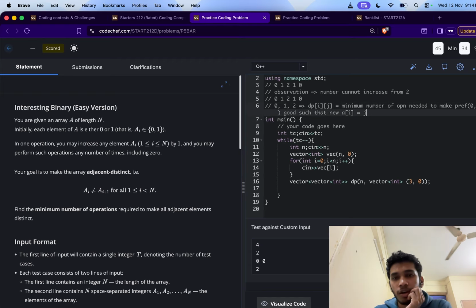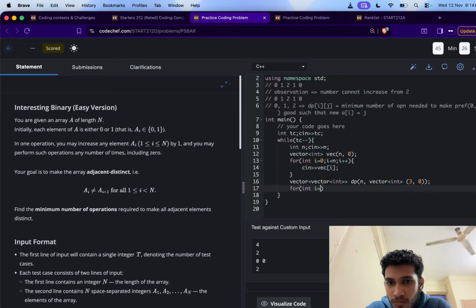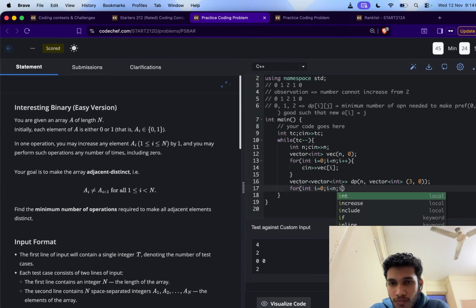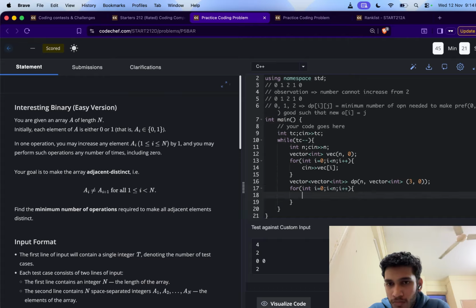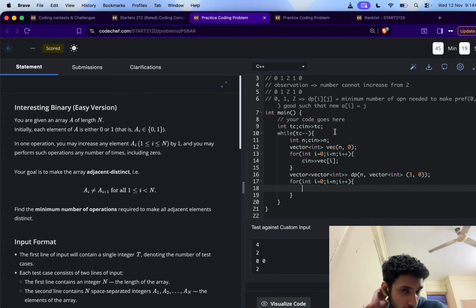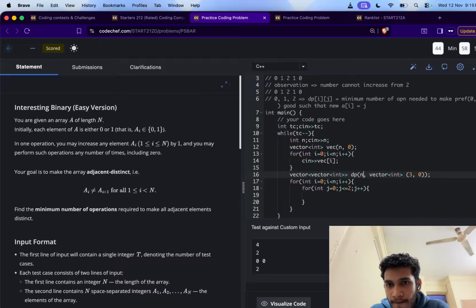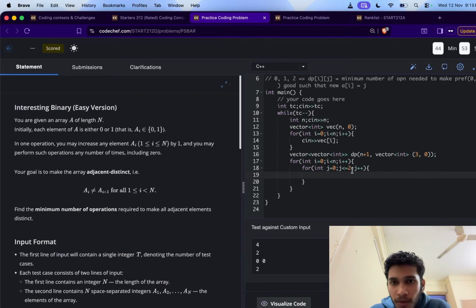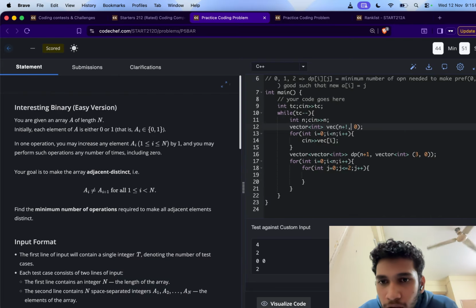Okay, so this is our DP state. Let's create an n plus 1 size DP, and let's also create an n plus 1 size vector.